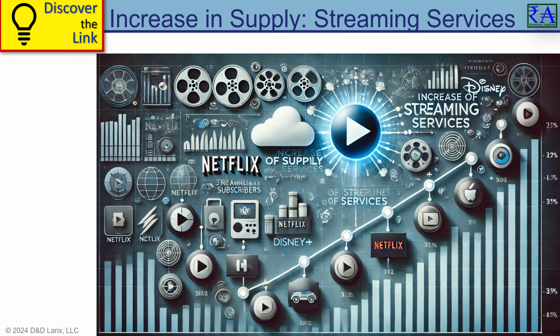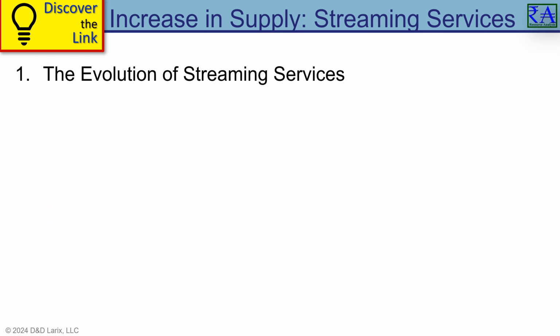Increased supply occurs when producers bring more goods or services to the market, often driven by technological advancements, improved production methods, or increased competition. One of the best modern examples of this is the streaming services market. First, the evolution of the streaming services.